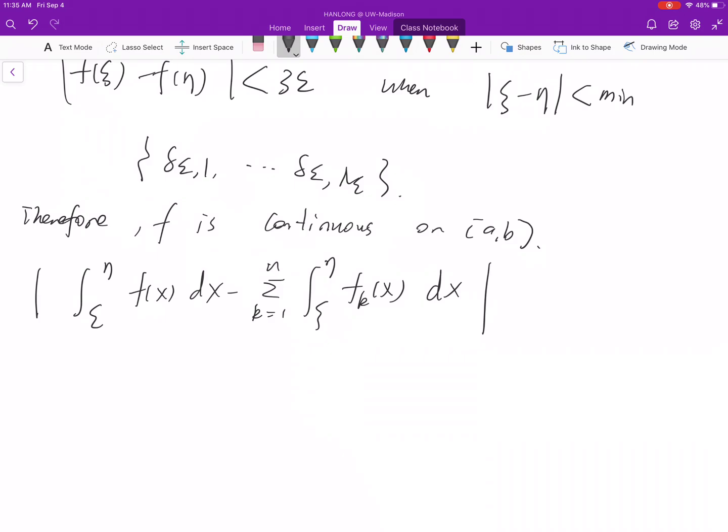And so this will be less than or equal to the integration of the absolute value of f(x) minus the sum from k=1 to n of fk(x) dx.